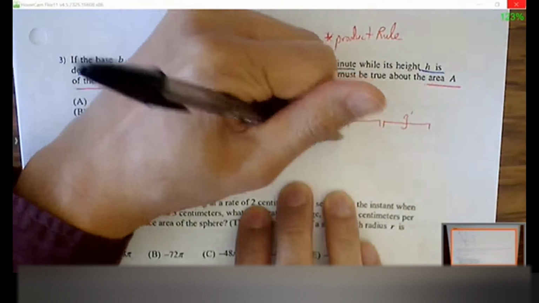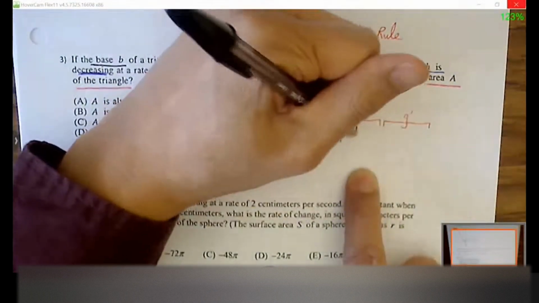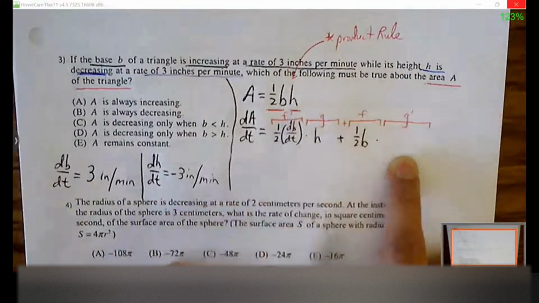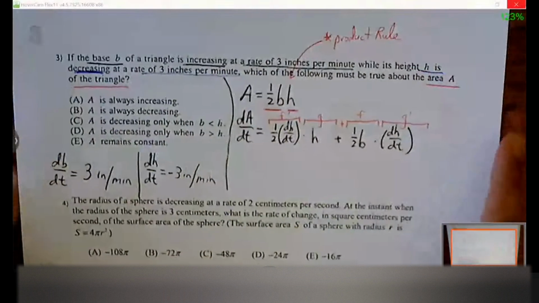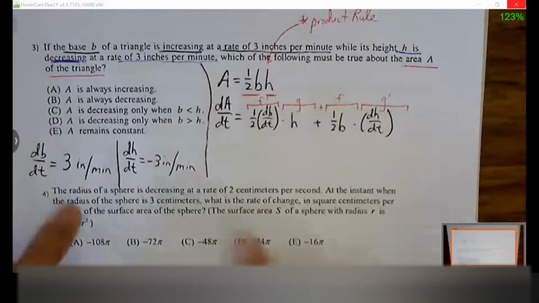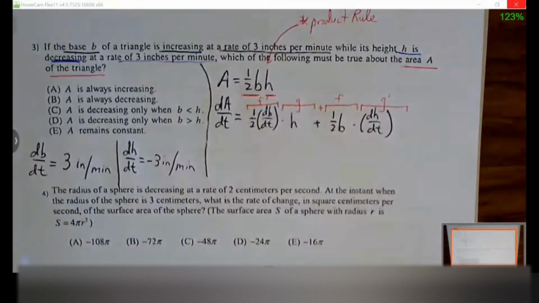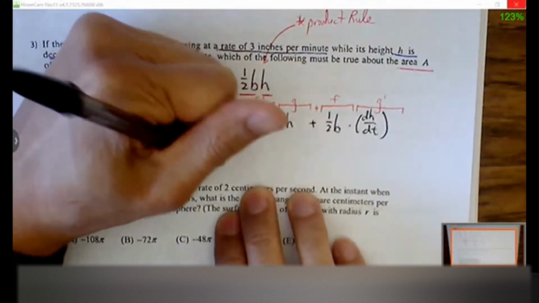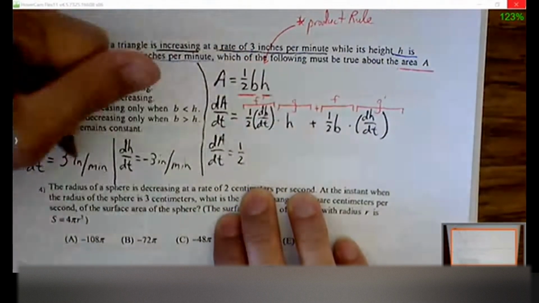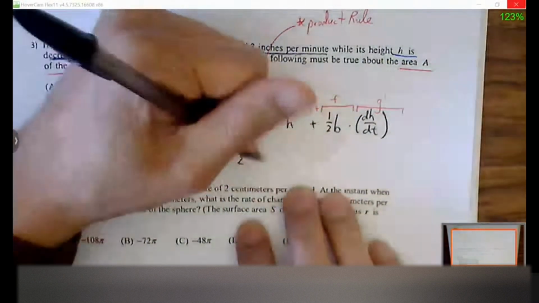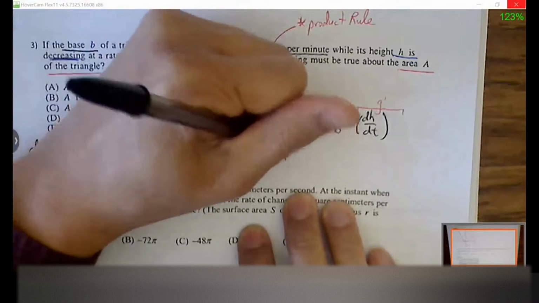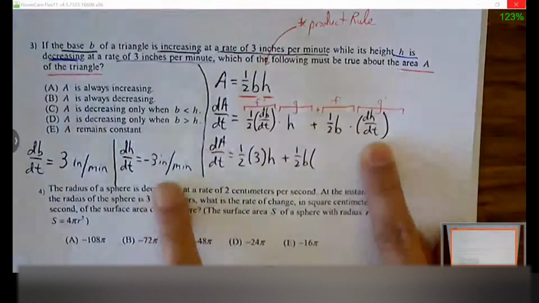Times h, back to f, and then h's derivative is just dH/dt. Okay, so we're going to insert these values in and see where we are after that. Replace dB/dt with 3. Replace dH/dt with -3.